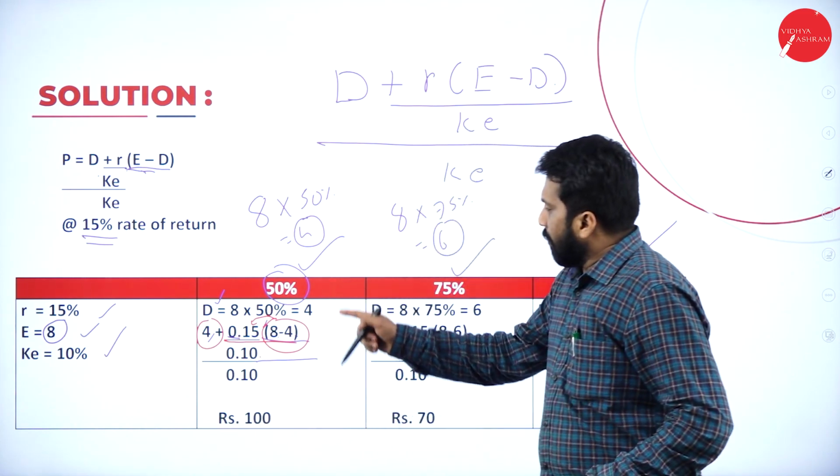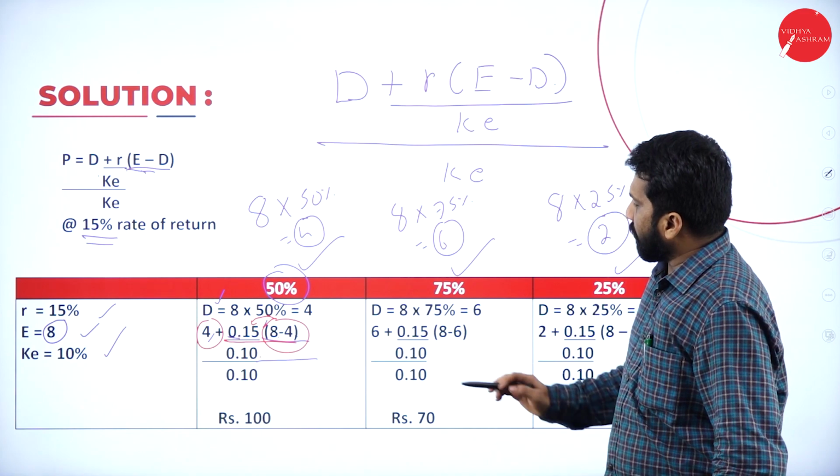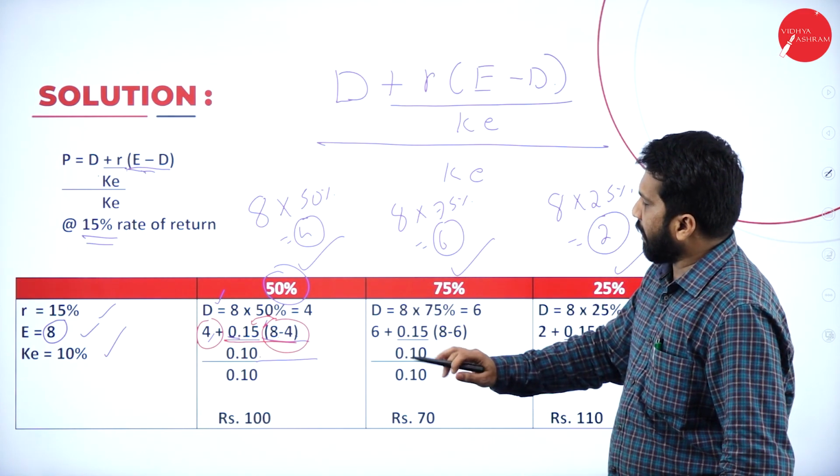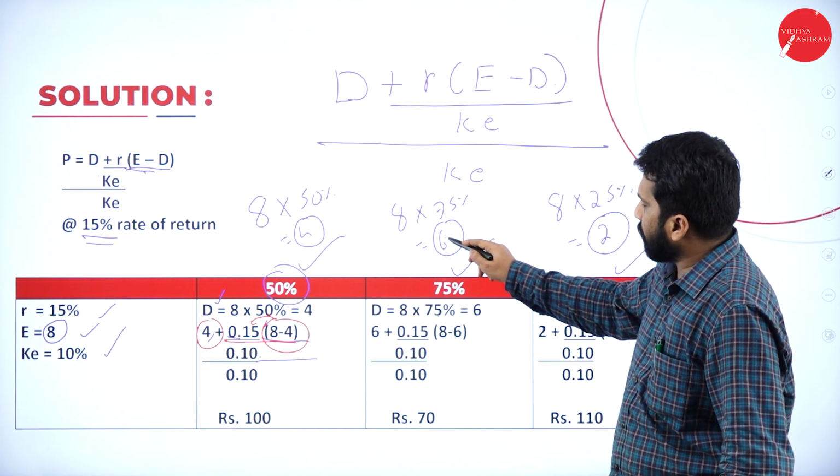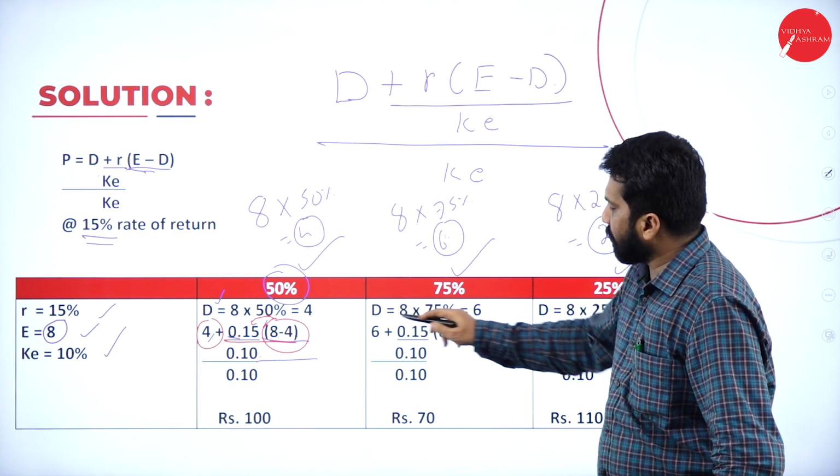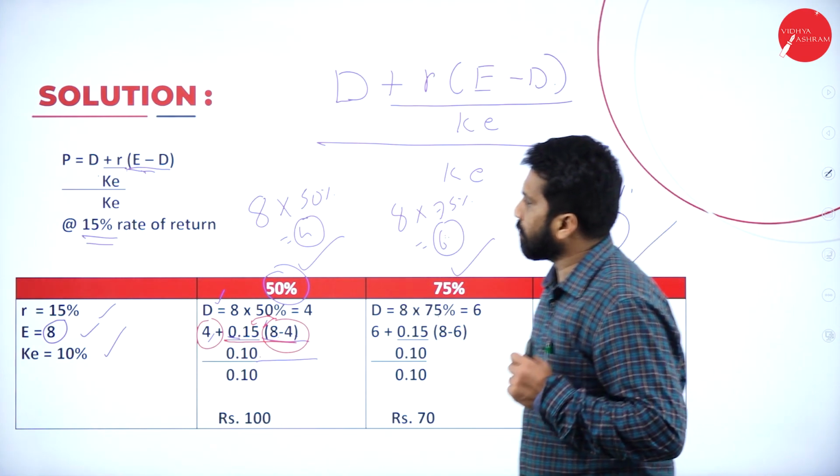Now, this is done. Come to the second one. Everything is the same, but the dividend is 75%, which means 6 rupees. Wherever D comes, we should write 6.